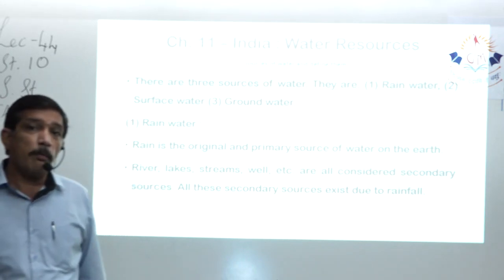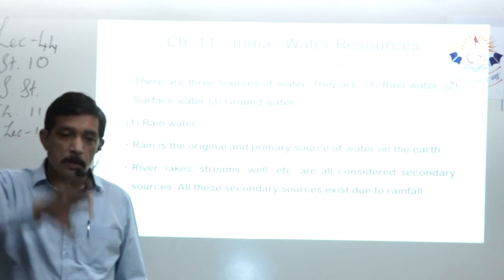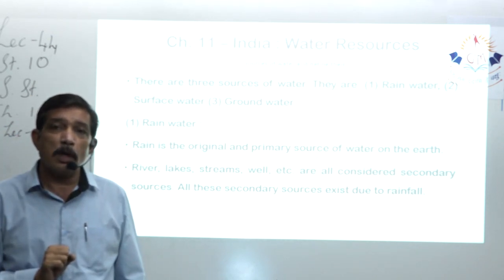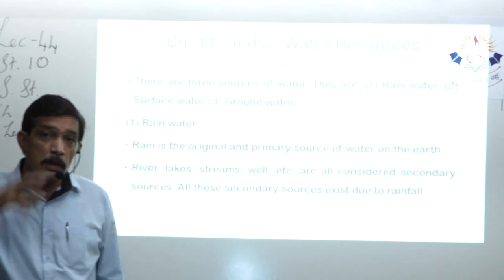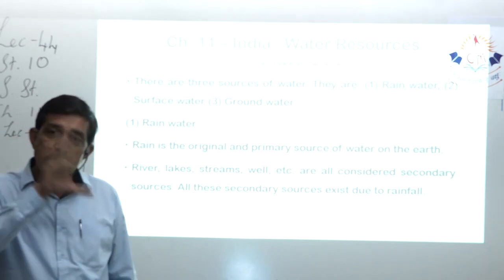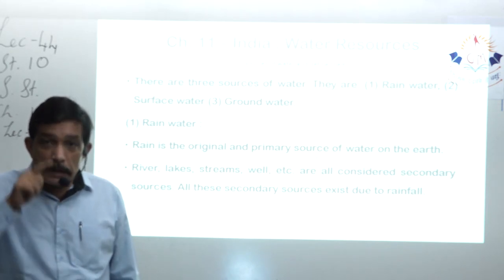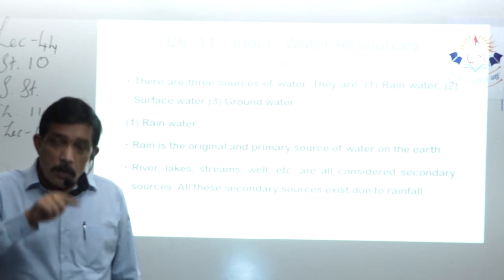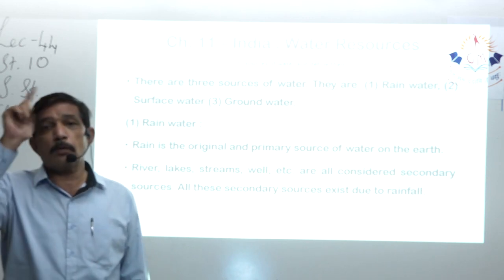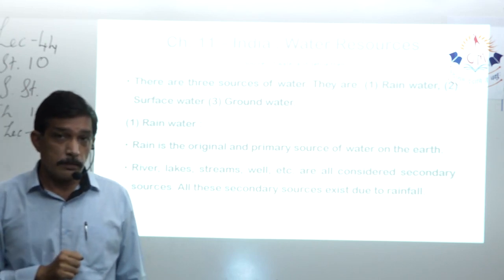For underground water, where did the water below the ground come from? When it fell from above, it seeped into the ground, and because of the big layers of rock over there, it could penetrate no further, and that is why it stayed over there, making it underground water. Now that underground water would not have been there if surface water was not there, or rain did not fall on the surface.